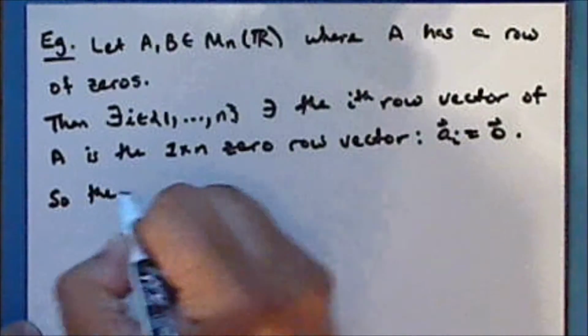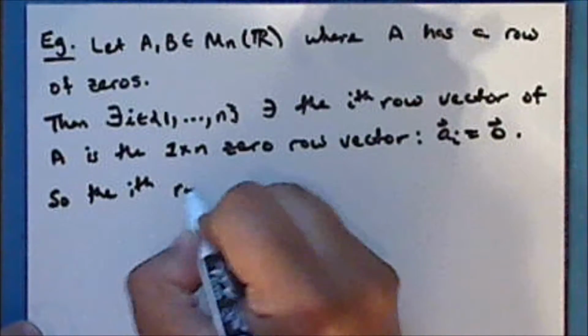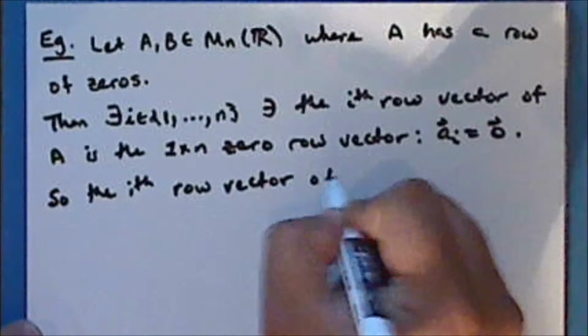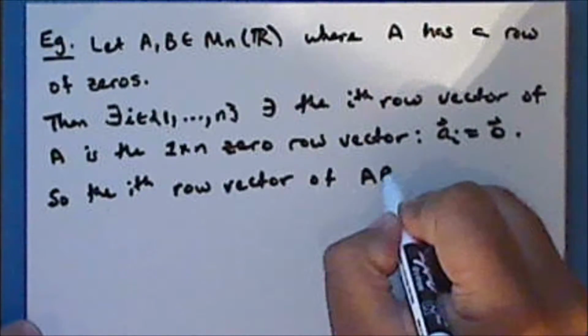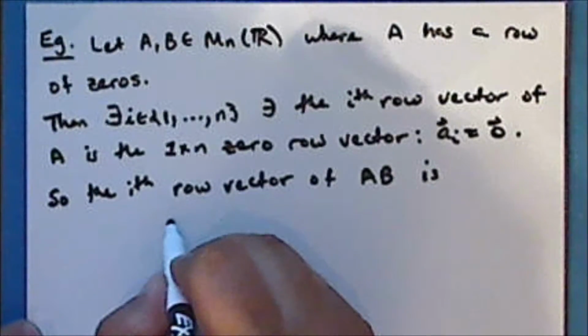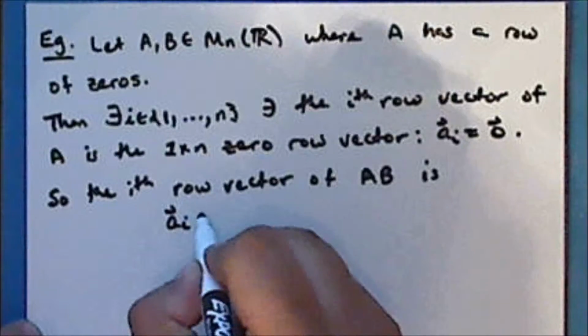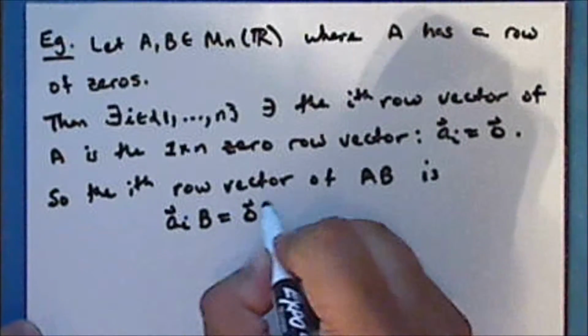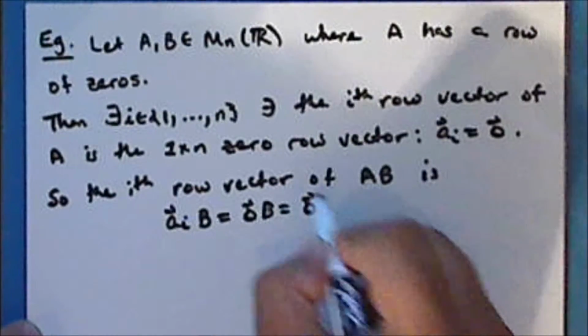And so the ith row vector of the product A times B is the ith row vector of A times the matrix B, which is the 0 row vector times the matrix B, which is the 0 row vector.